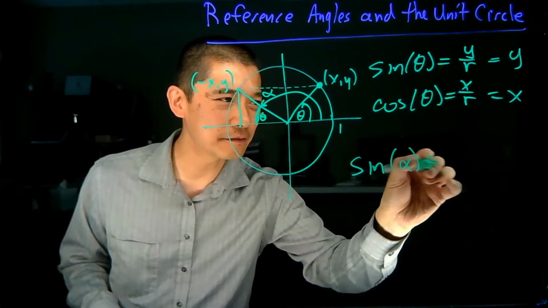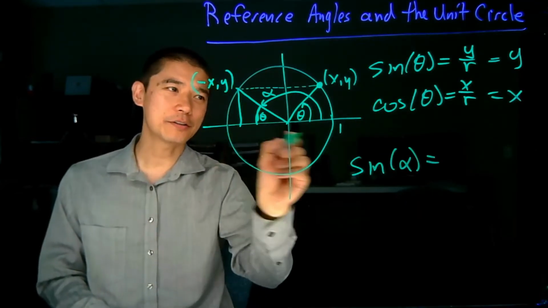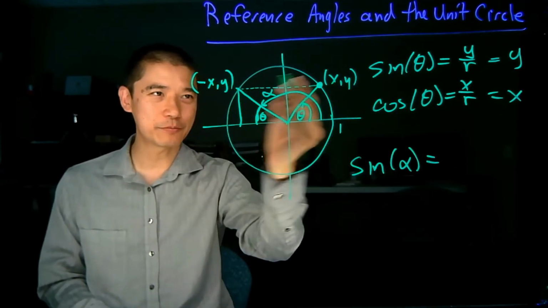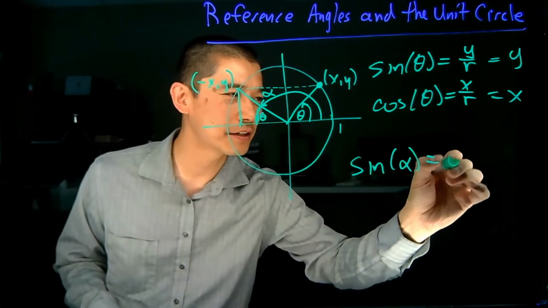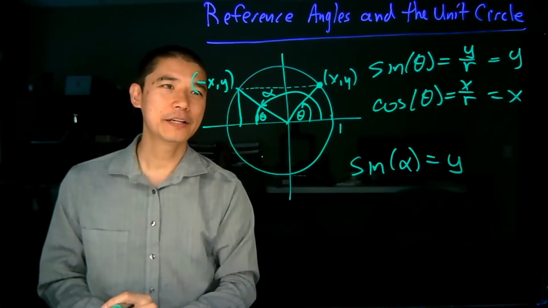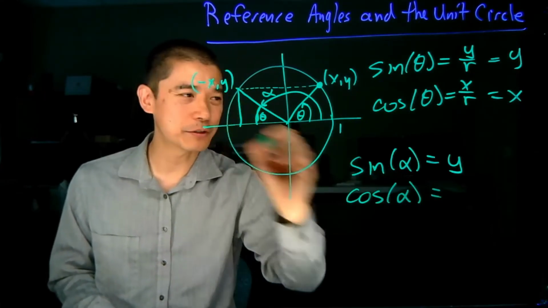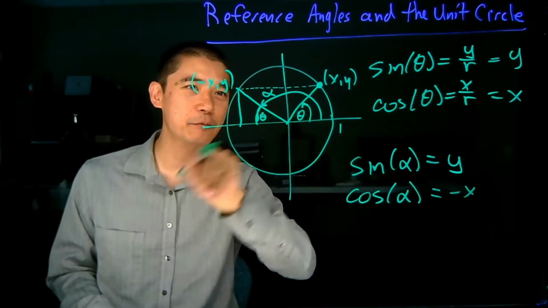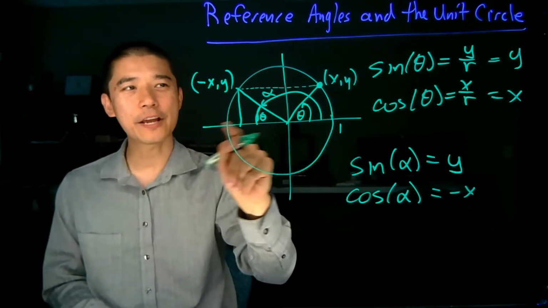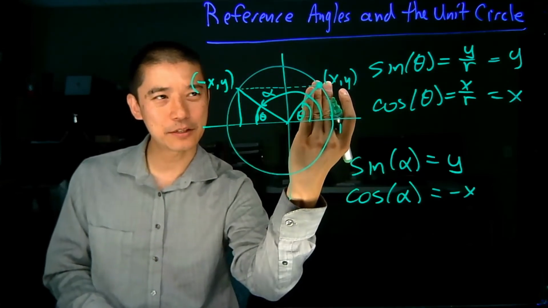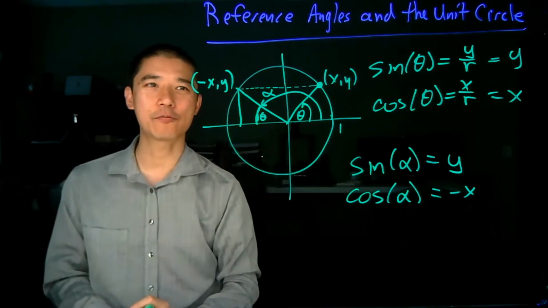Sine of alpha: well, sine of alpha is equal to y. The y coordinate, because we reflect it horizontally, is unchanged. So sine of alpha is equal to y. Cosine of alpha is the x coordinate, which in this case is negative x. So it's the negative of whatever that one is. And so reference angles allow us to bounce this point from the first quadrant into the second quadrant.